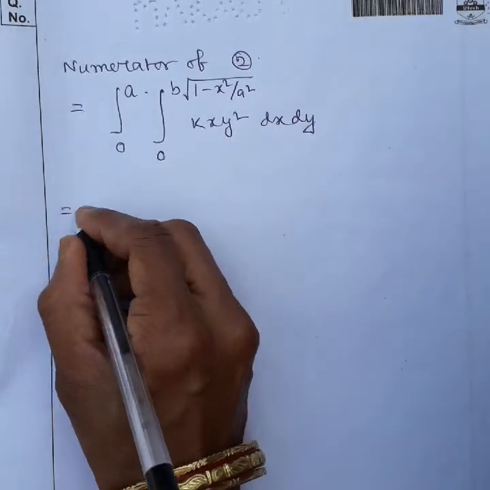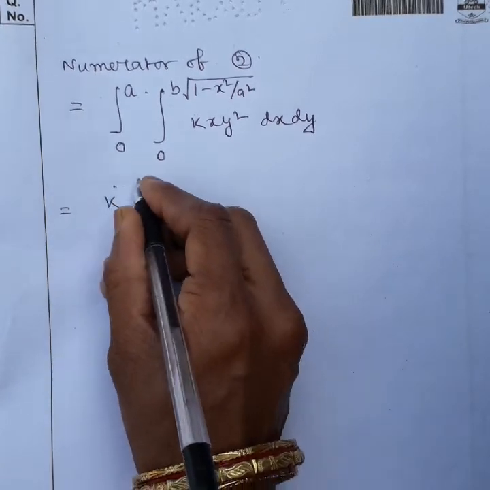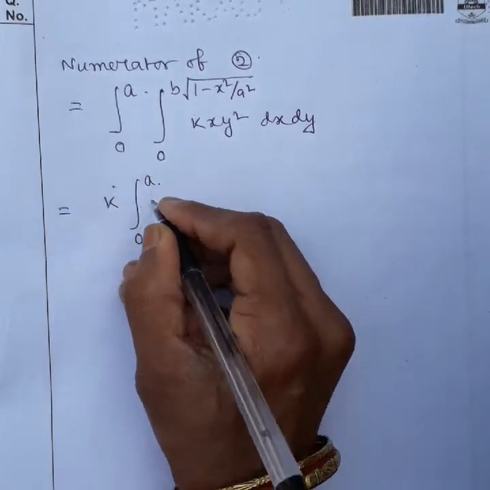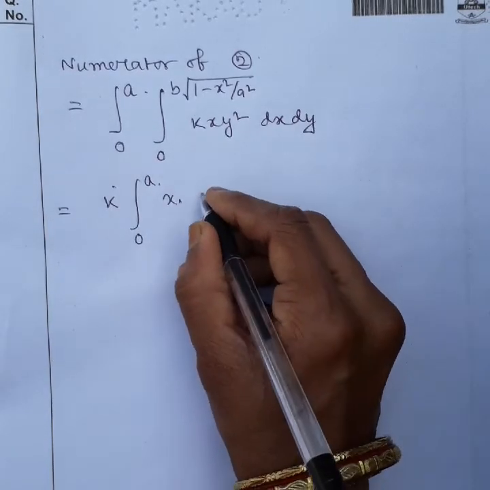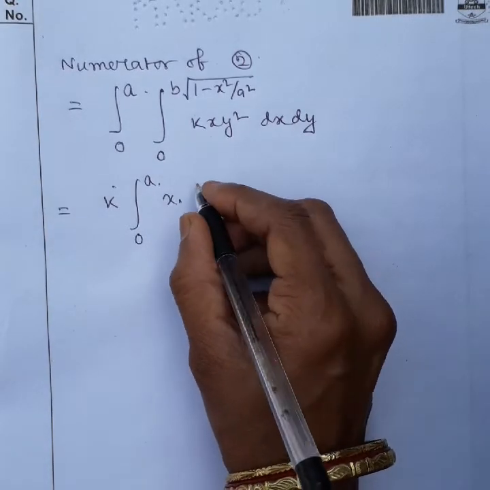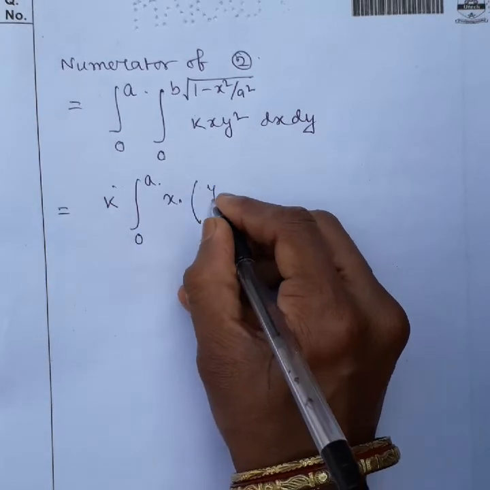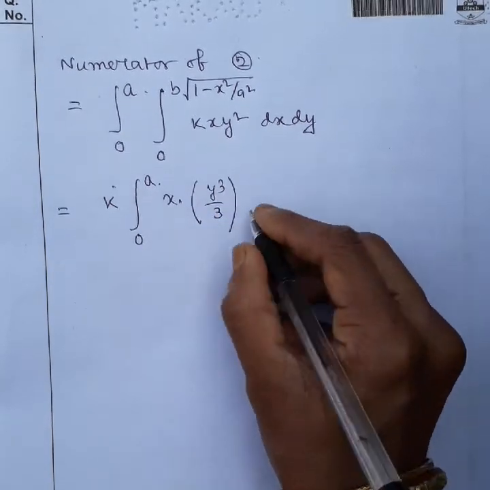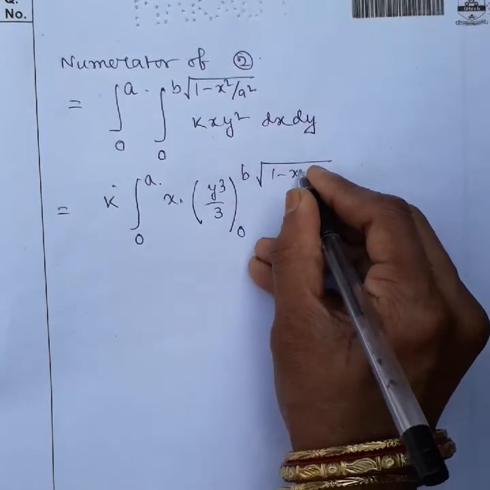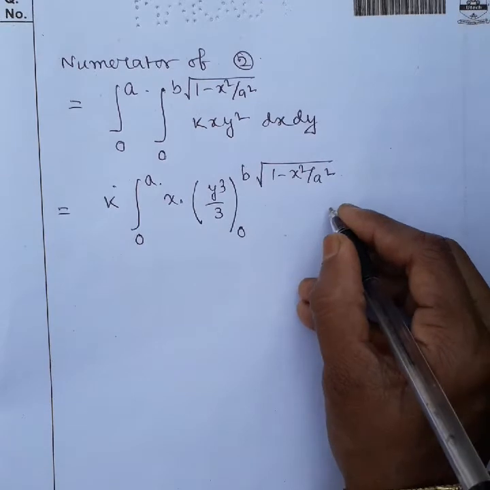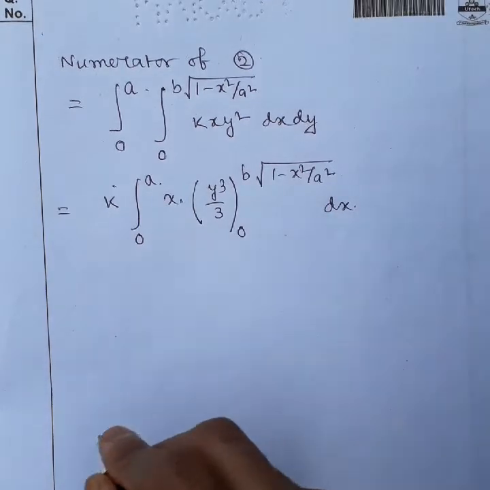Okay, so this is integration k into integration of 0 to a x, and after integration of y, this will be y cube by 3, 0 to b into root over of 1 minus x square by a square dx.